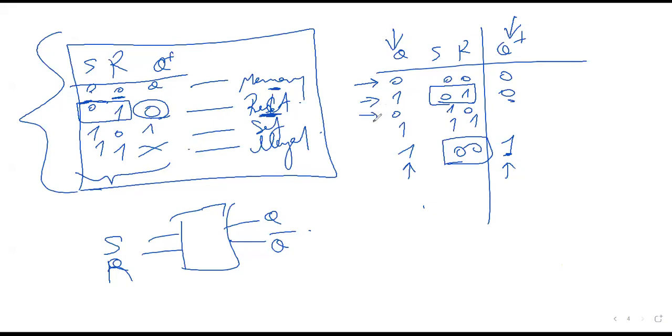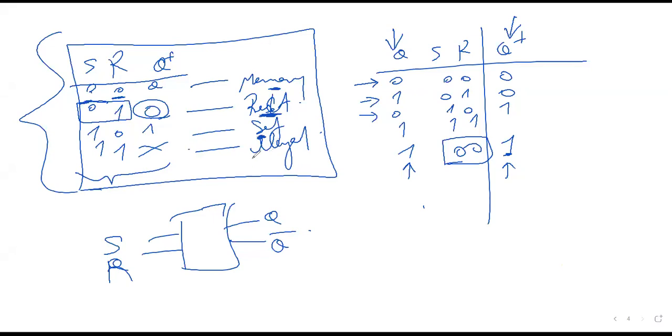Third row. What will be our output in the next state? It is 1. Why? Because our S is 1 and we have the set state.